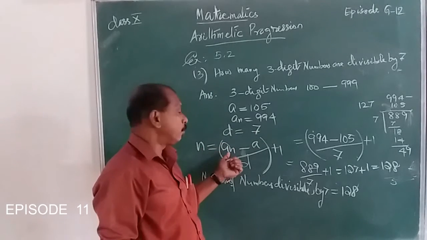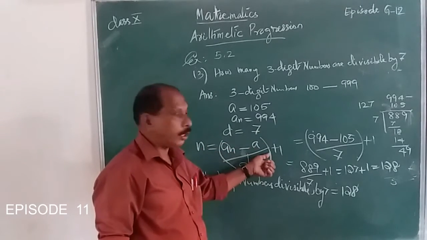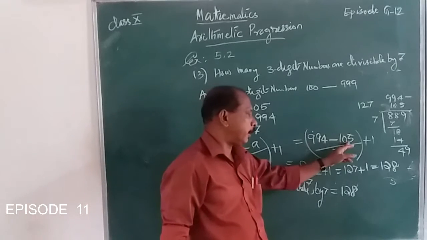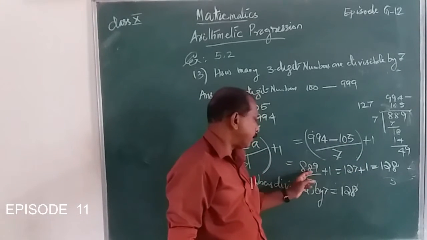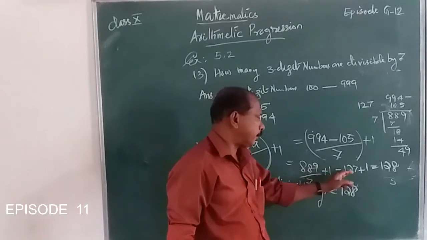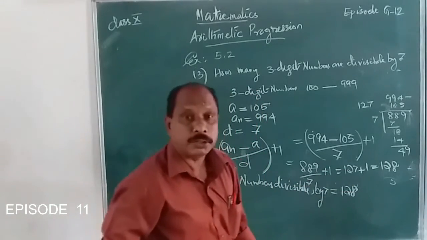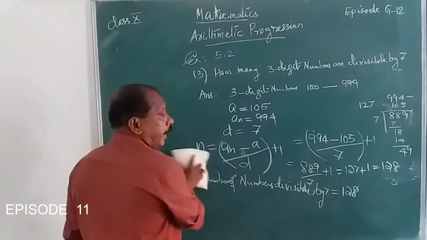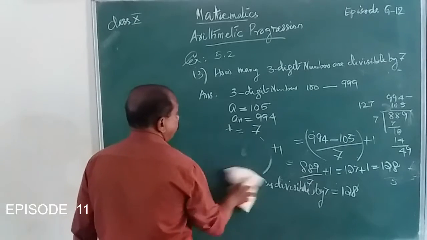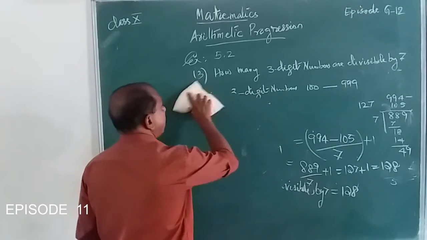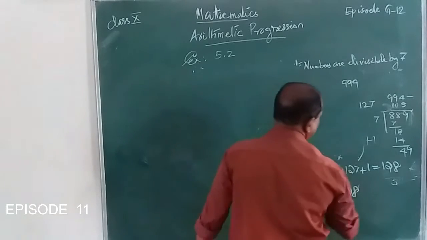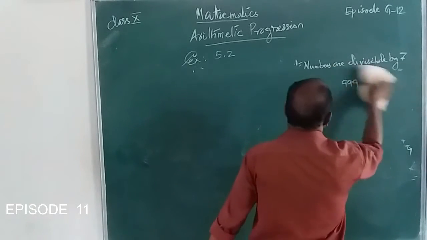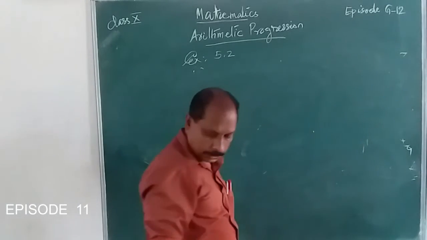Therefore, n is equal to (994 minus 105) by 7 plus 1, that is 889 by 7 plus 1, that is 127 plus 1 is 128. Therefore, there are 128 numbers from 100 to 999 which are divisible by 7. Okay.